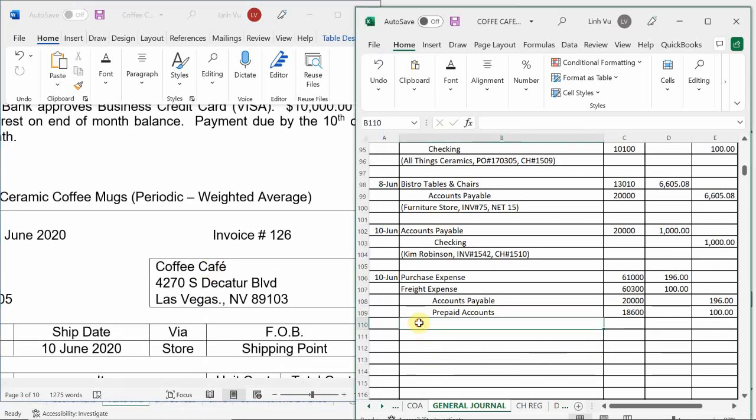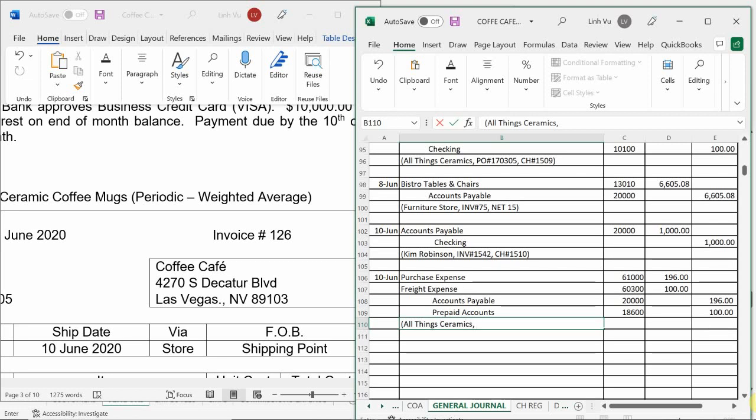So I have all the information I need. So first things first is, who did I receive this bill from? All Things Ceramics. Okay. What bill did I receive?